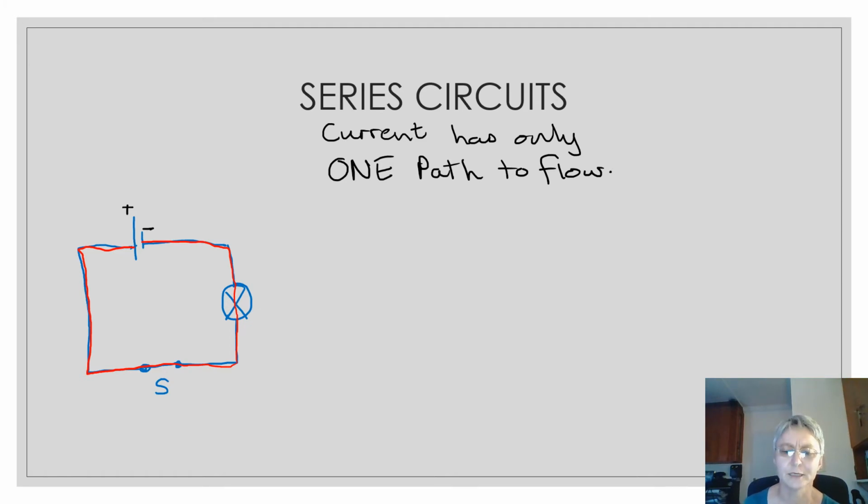I'm going to draw another example, but we're going to add another light bulb. So here we go. We can have two cells in our battery. We have our connecting wires. There's a switch.